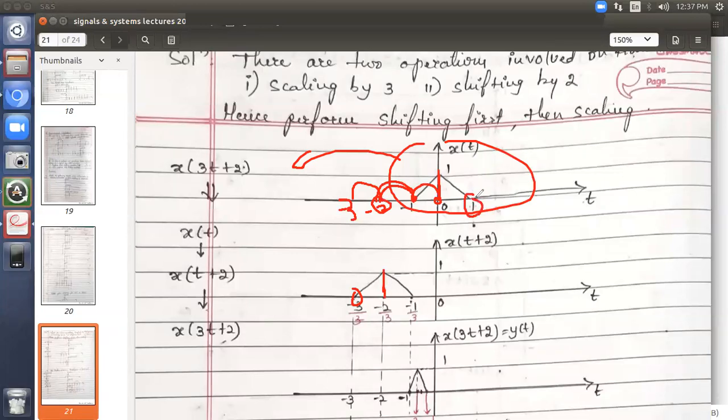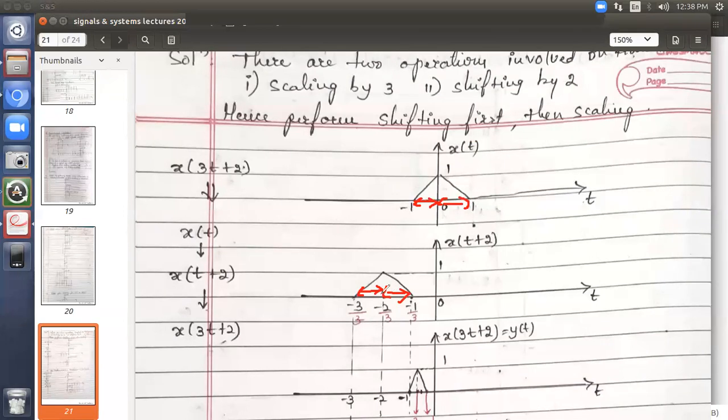Then at point 1, shift by 1, shift by 2. So this point will now be at -1. So the signal range is between -3 to -1. If you see how many units have been utilized, 1 unit and 2 units. Check the shifted signal, it has 1 unit and 2 units. Fine. So with that, shifting is done.